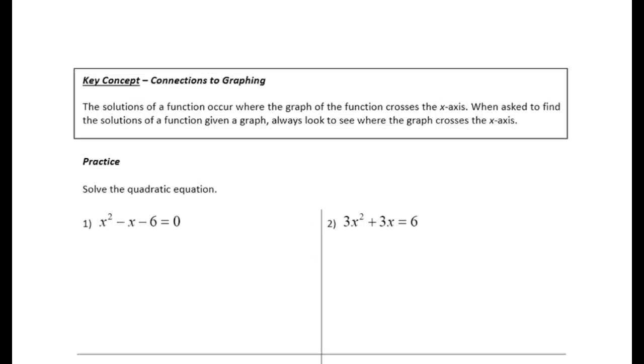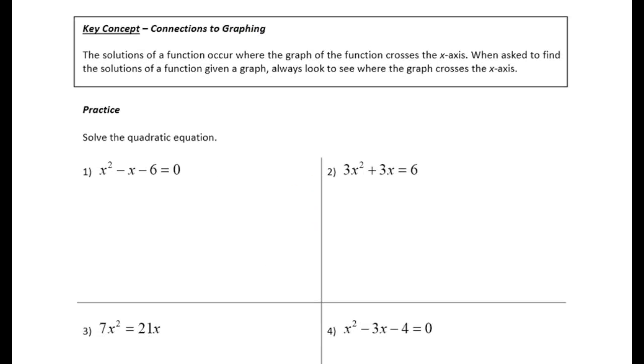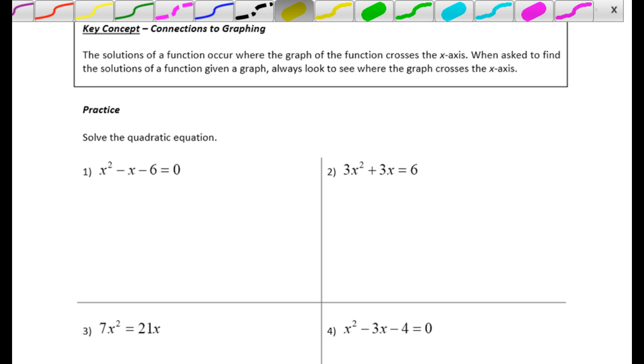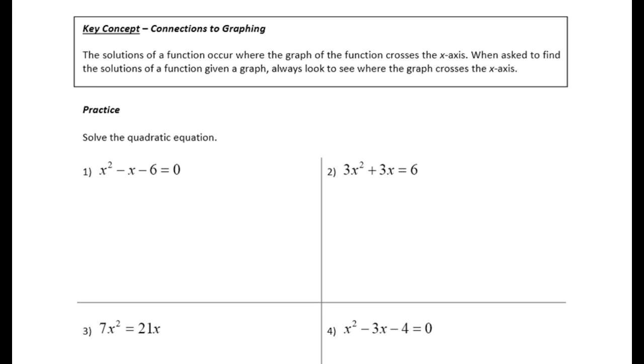Okay? Now here's a very important thing, and let's start doing this now so that when we get to it later, you'll already be kind of familiar. We can connect this to the graphing. What this means is the solutions, our answers of a function, occur where the graph of the function crosses the x-axis.